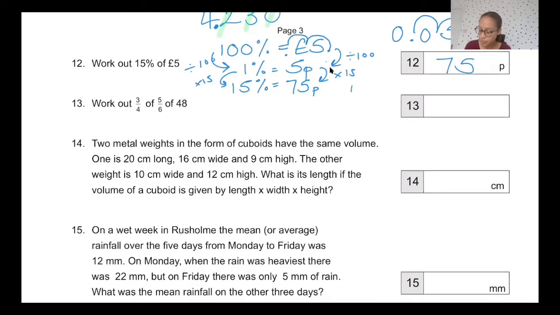Okay. Work out 3/4 of 5/6 of 48. So divide by 6 to find 1/6, and then times that answer by 5. So 48 divided by 6 is 8, times 5 is 40.